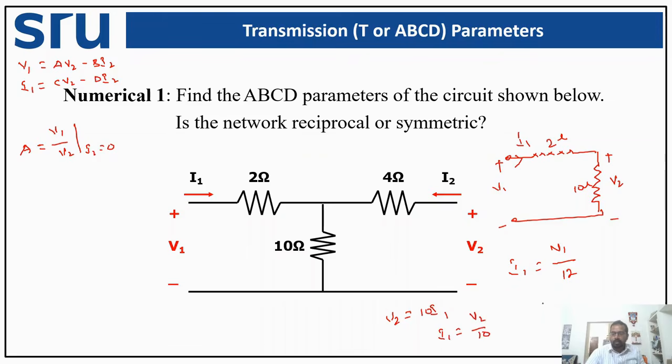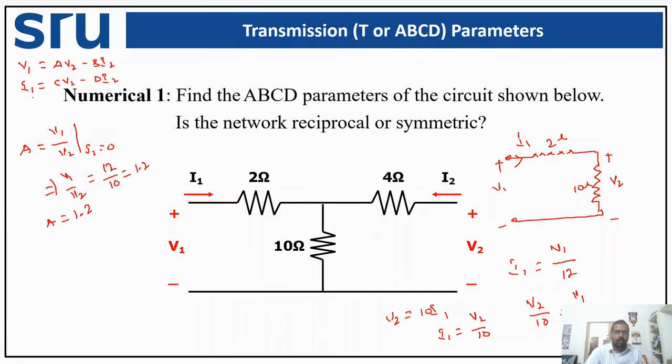If we substitute, we get V2 by 10 is equal to V1 by 12. Rearranging, V1 by V2 is equal to 12 by 10, which is 1.2. So my A value is equal to 1.2.